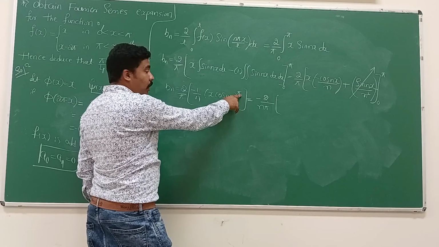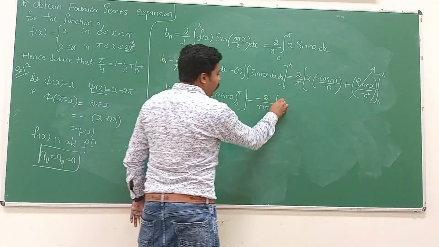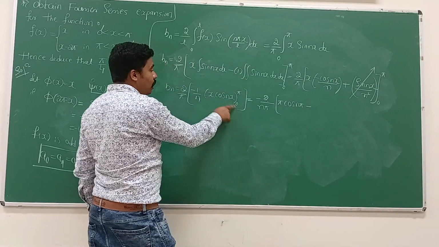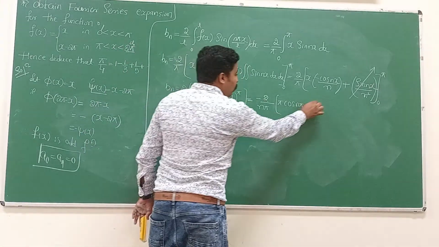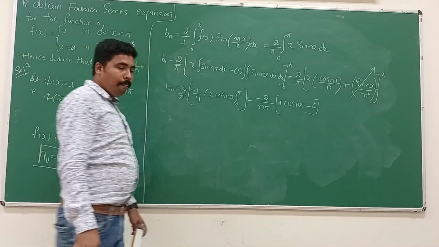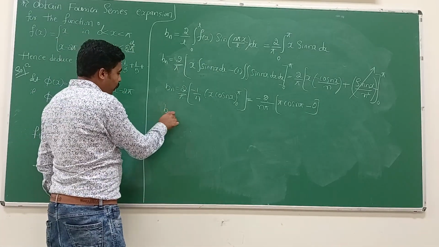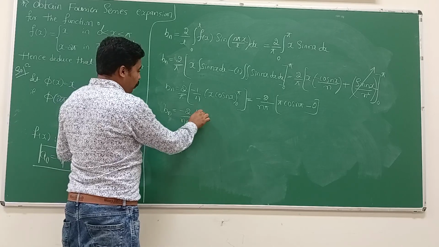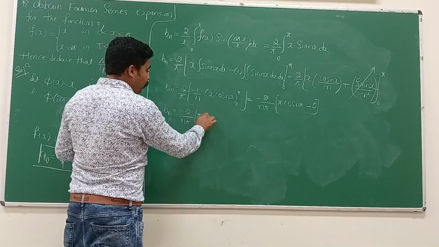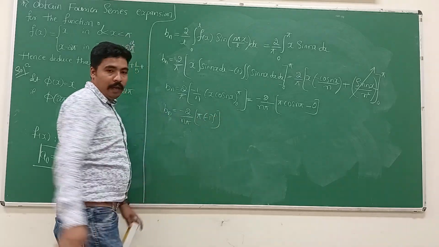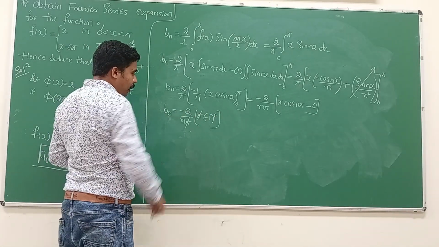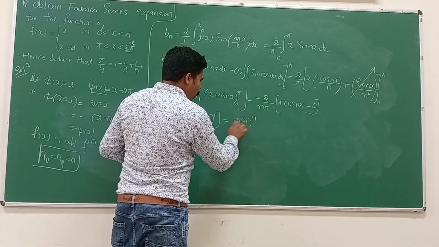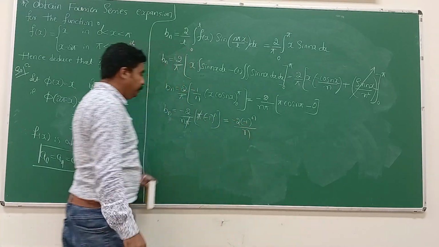When you operate upper limit, pi into cos n pi, minus lower limit 0, 0 into something, 0. Or Bn equal to minus 2 divided by n pi, pi into cos n pi value is what? Minus 1 over n. So pi cancel, minus 2 minus 1 over n divided by n.